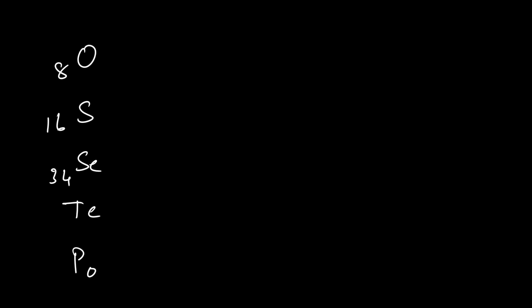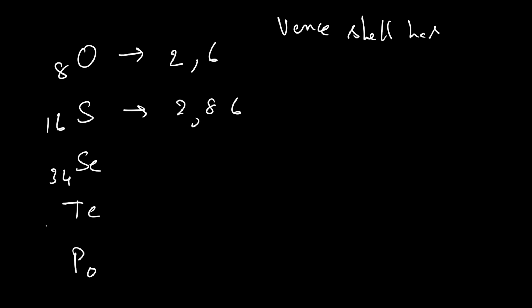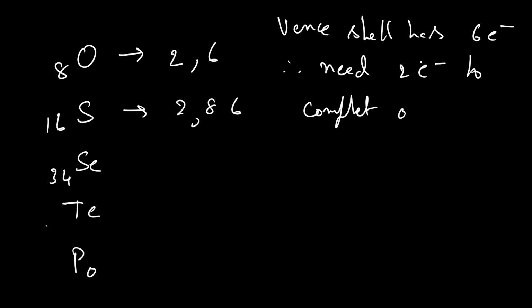So the configuration is 2, 6 for oxygen, which is 2, 8, 6 for sulfur. So the valence shell has 6 electrons. Therefore, they need 2 more electrons to complete the octet.